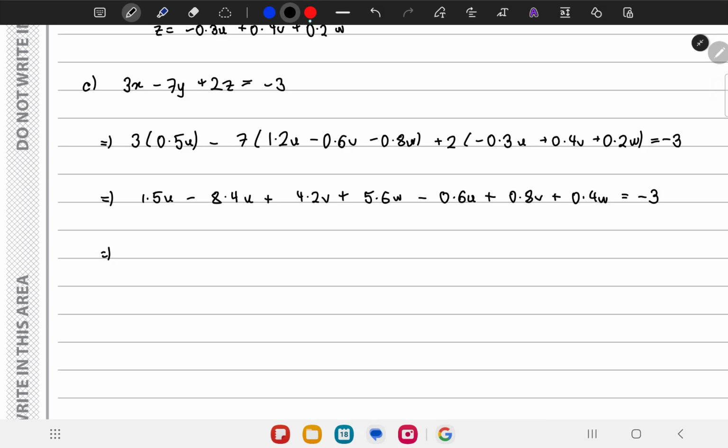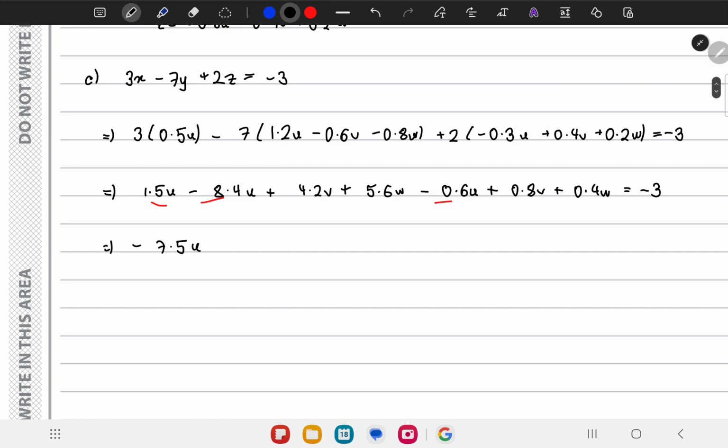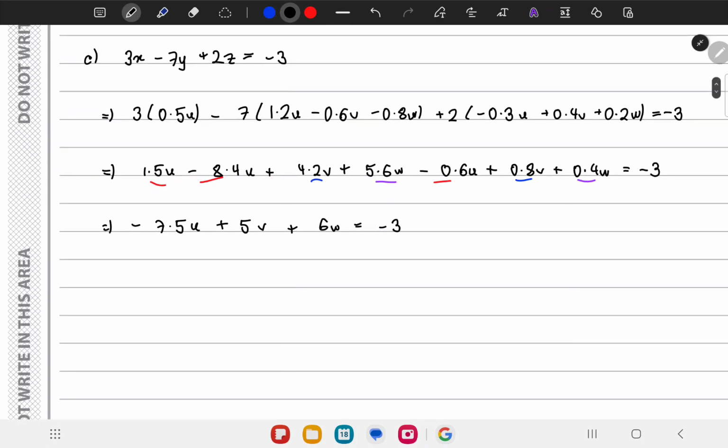If I add the u's together, 1.5 minus 8.4 minus 0.6, I get minus 7.5u. Then if I add the v's together, we have 4.2 and 0.8. This adds up to 5v. And adding the w's together, 5.6 and 0.4, I'll get 6w. This is equal to minus 3.